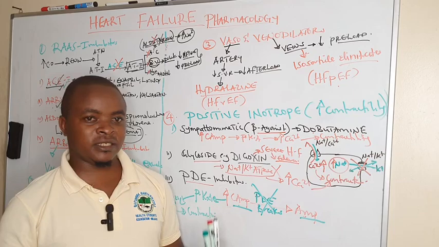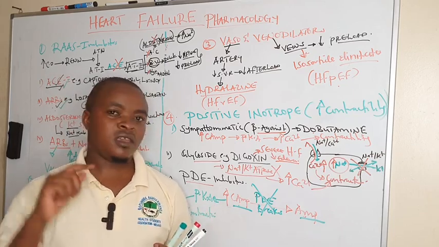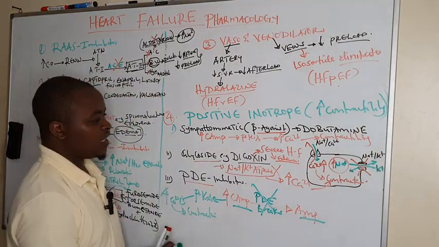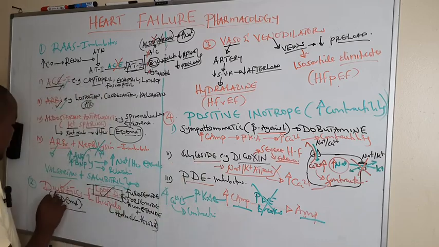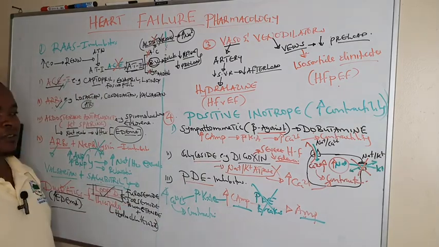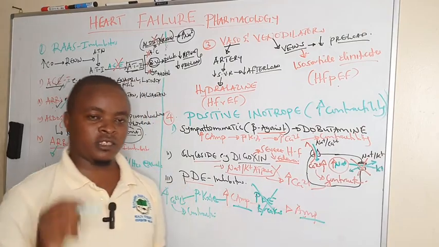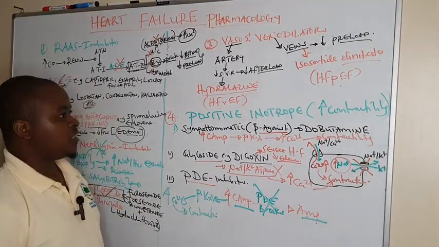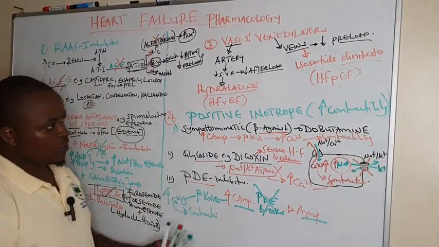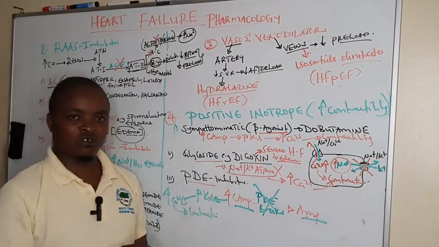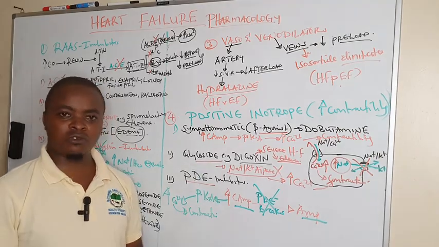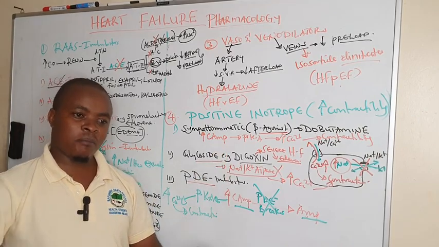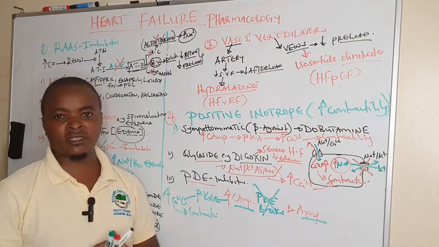If there are problems of shortness of breath, edema, paroxysmal dyspnea, you can first give a diuretic like furosemide, torsemide, then followed by digoxin. So that is what we can see under these positive inotropes, which act by increasing heart contractility. These ones are not used to treat diastolic heart failure, but majorly systolic heart failure, by increasing contractions of the heart.